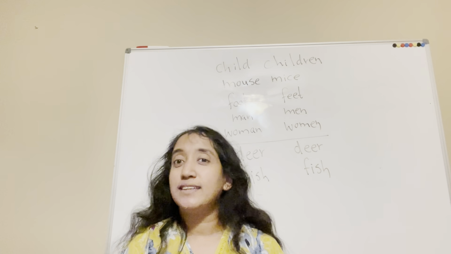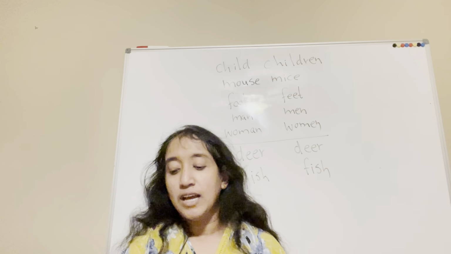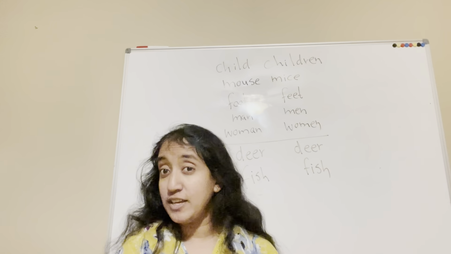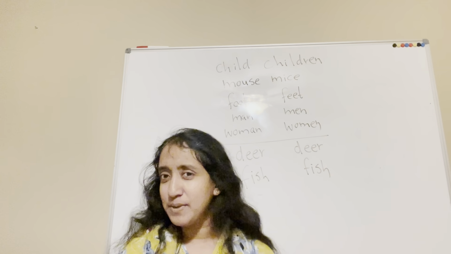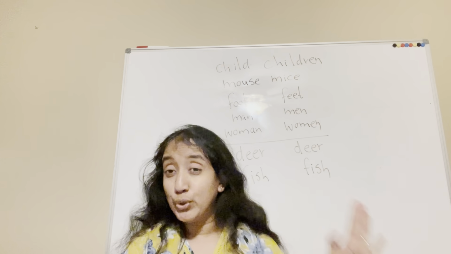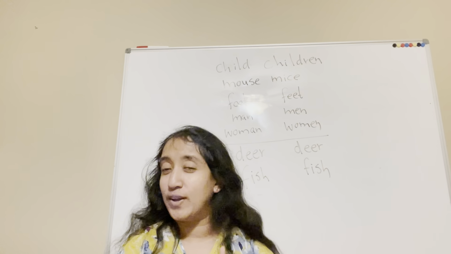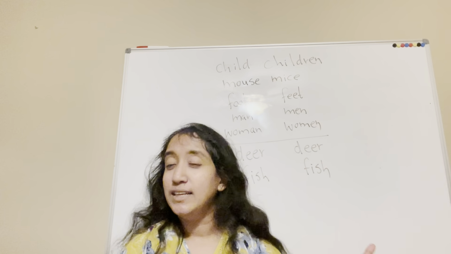So if we take a sentence like this: this fish is very colorful. So there's a clue. This means one. Those fish are very colorful. There's a clue for us. Those, we use with plural nouns.